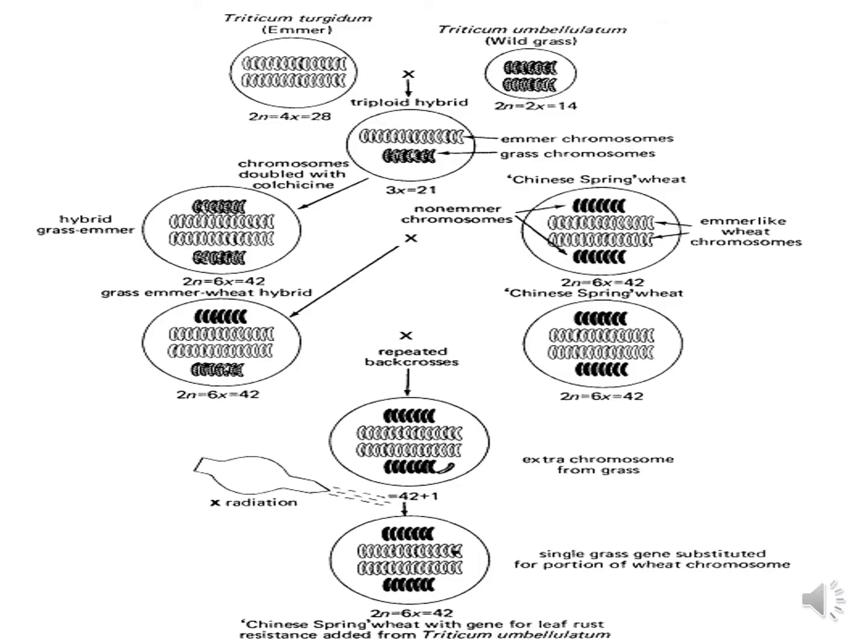In this figure, we cross two different types of species, Triticum ampullatum with Triticum turgidum, or emmer.